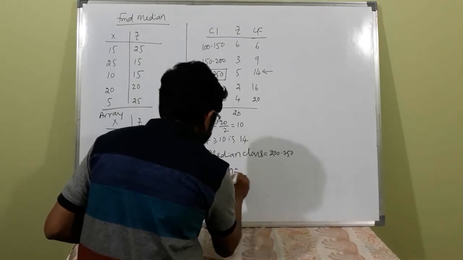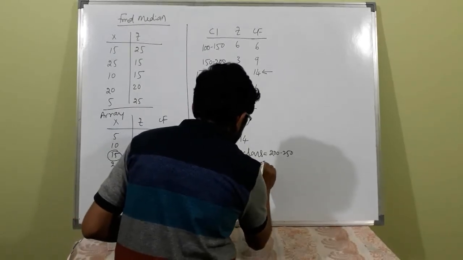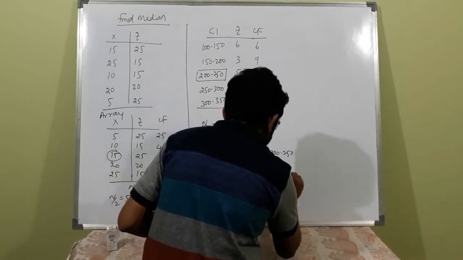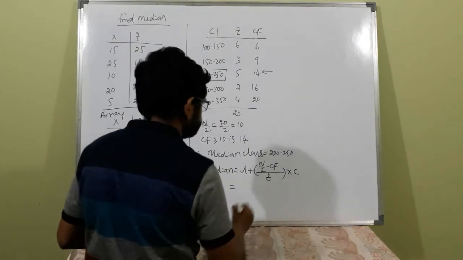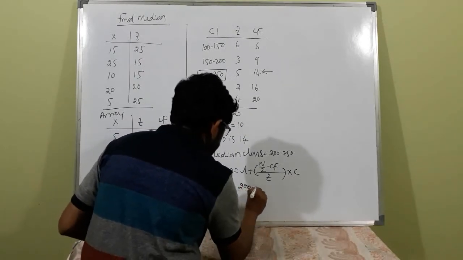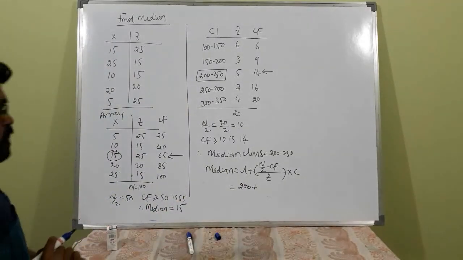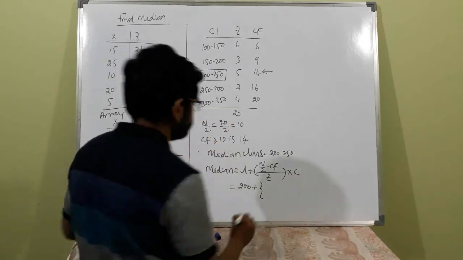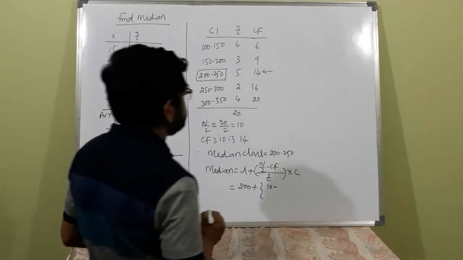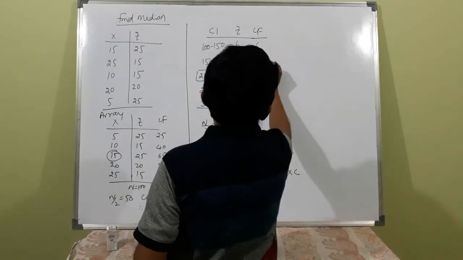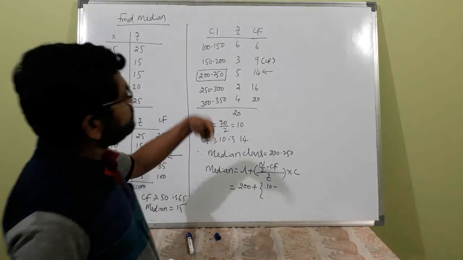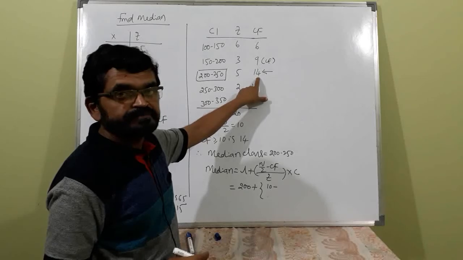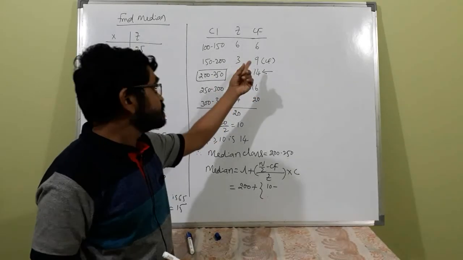Median is equal to L plus n by 2 minus CF divided by f into C. So L here is 200, the lower limit of the median class. n by 2 is 10 here. Minus CF. CF means cumulative frequency preceding the median class. Cumulative frequency of the median class is 14. Cumulative frequency preceding the median class is 9.